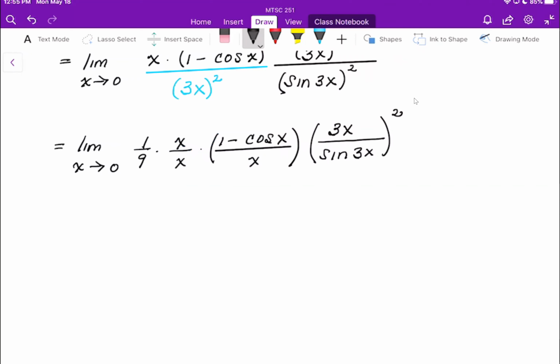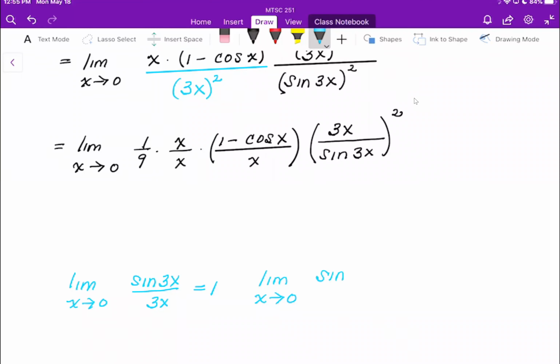Now let's take into account here that the limit as x approaches 0 of the sine of 3x over 3x is 1.